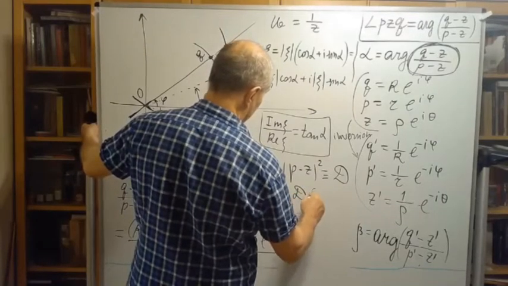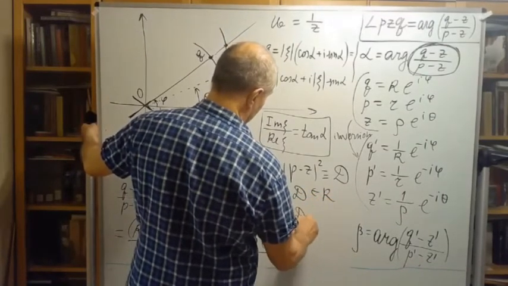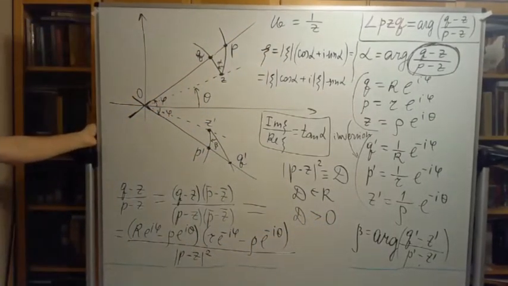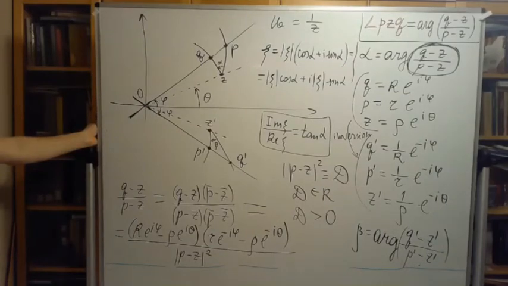D is a real number, and d is a positive number, right? We will just write it as d.